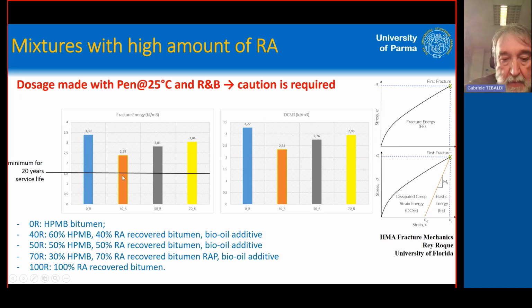If we had 40, 50, even 70% of RAP with recycling agent, in terms of performance we are in a very good shape. And the more recycling agent we put, the higher the performance we have in terms of mixture. It means that probably if we analyze only the bitumen and the dosage is based only on penetration and ring and ball, there is something that we are not able to catch.